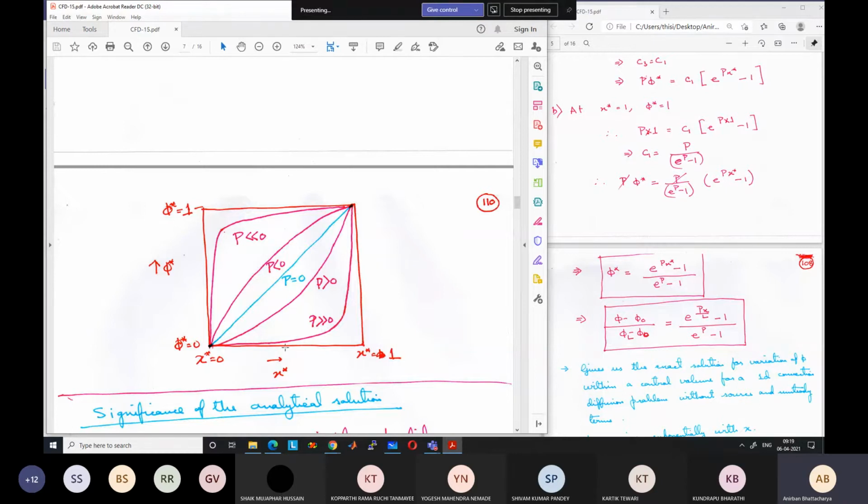As you can see, if we imagine there is an interface at the midpoint between x equal to 0 and x equal to 1, it will be dominated by the value phi star equal to 0. Similarly, if Peclet number is very much negative and there is an interface at the midpoint, the value will be dominated by the phi star equal to 1 value.